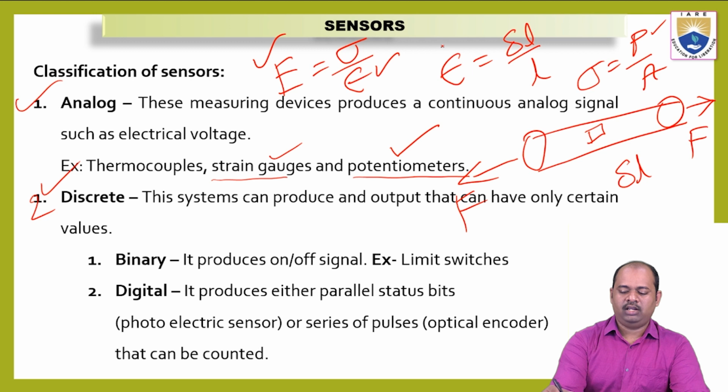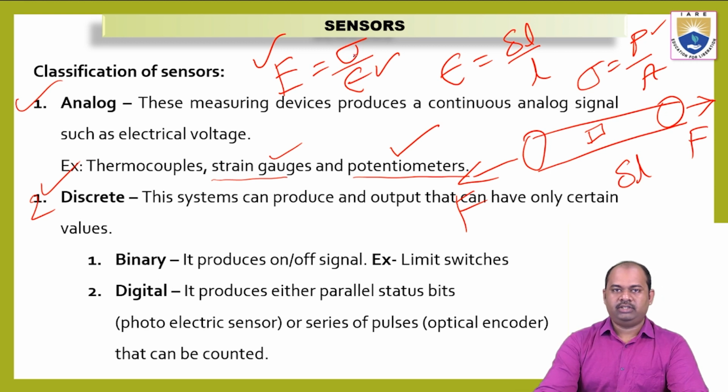And strain we have calculated from the strain gauge. Strain gauge will give the deformation, and this deformation is used to calculate the strain. And the strain and Young's modulus are used for calculating the stress value. Now, these strain gauges are very important in mechanical applications as well as in aerospace and aeronautical applications. So, for calculating stress, we will use strain gauges.